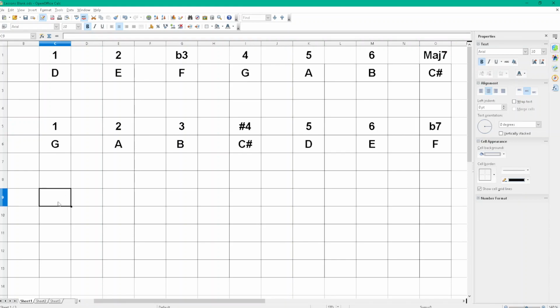Simply, if you remember, the intervals of Lydian would have been 1, 2, 3, sharp 4, 5, 6, major 7. So as you can see, literally one note is changing. This. And don't worry if you don't manage to retain straight away this kind of idea.